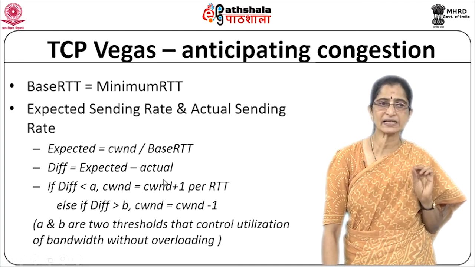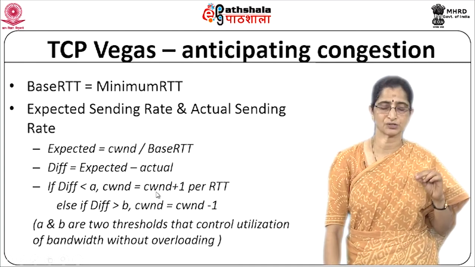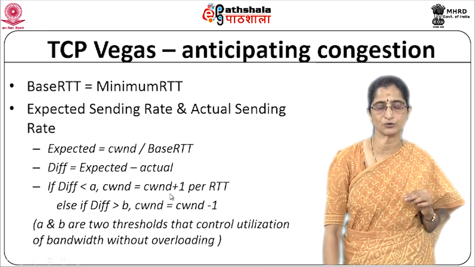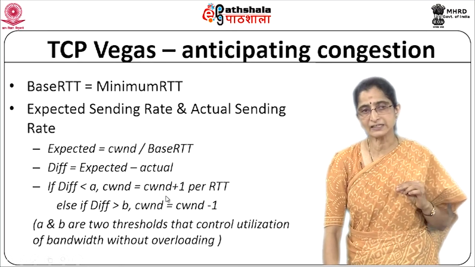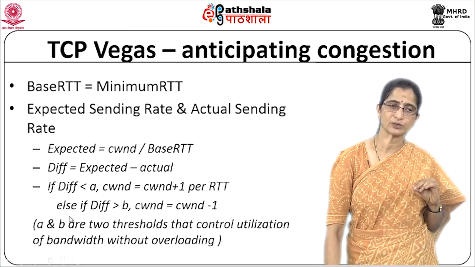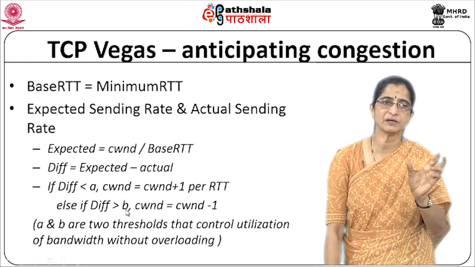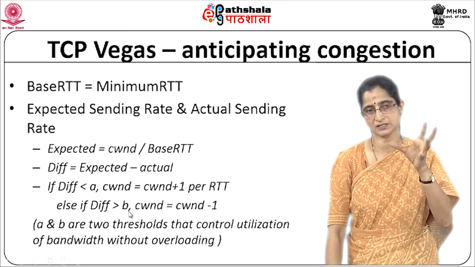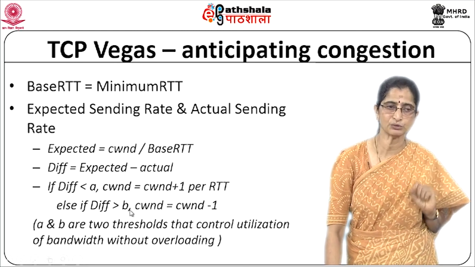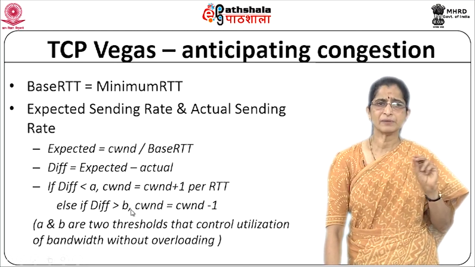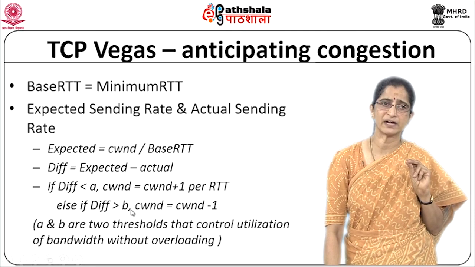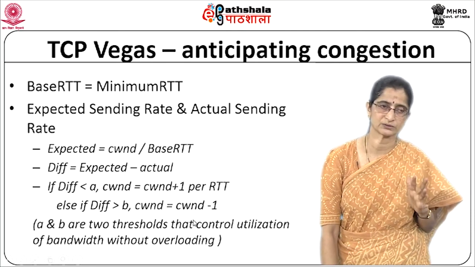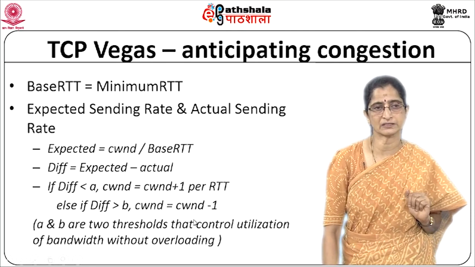But if it is less than A, it means that you can increase your congestion window by 1. If it is greater than B, then you will decrease your congestion window. As long as you are between A and B, you are doing fine. That is basically how TCP Vegas tries to handle congestion. It tries to control the utilization of bandwidth without overloading the network. That's the goal of TCP Vegas.